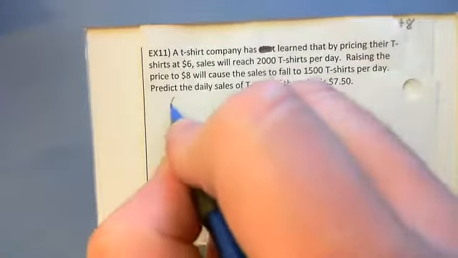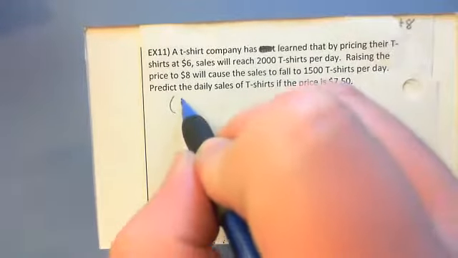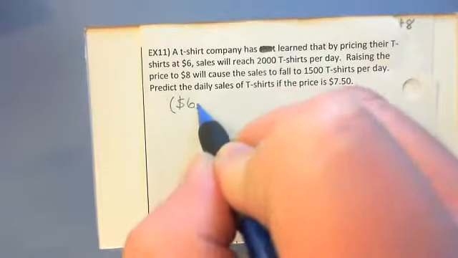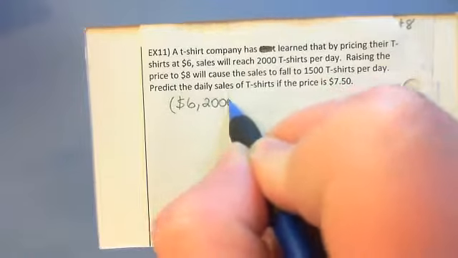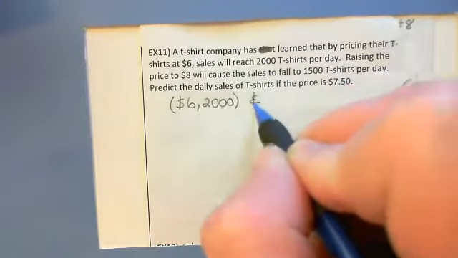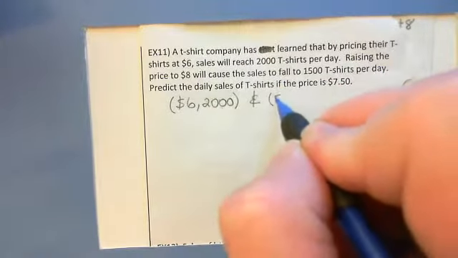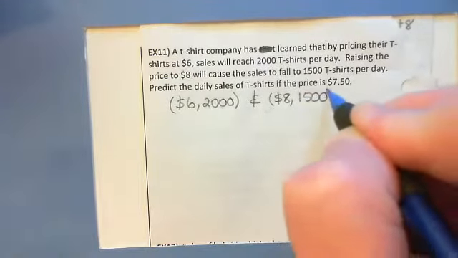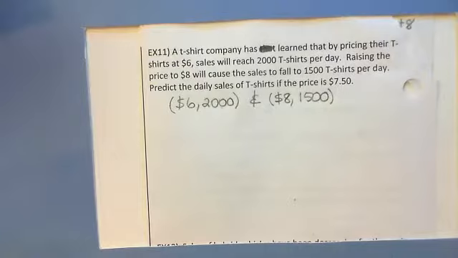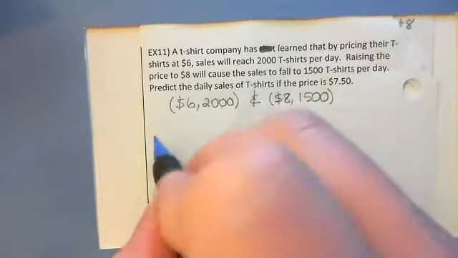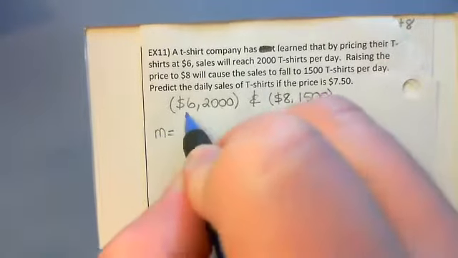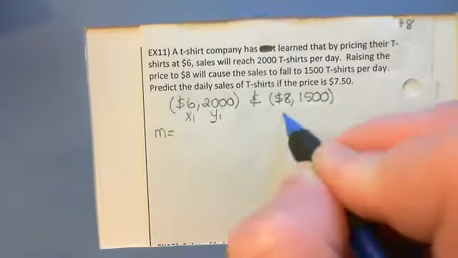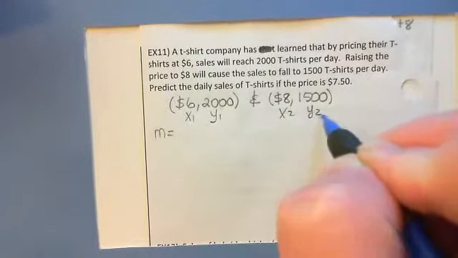Always look for pairs of numbers. So I have $6 and 2,000 shirts. The other pair would be $8 and 1,500 shirts. Now, with that, I'm going to find the slope. So this would be x1, y1, x2, y2.